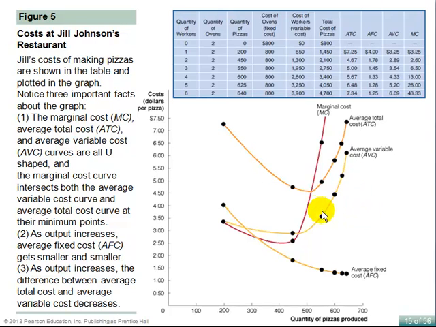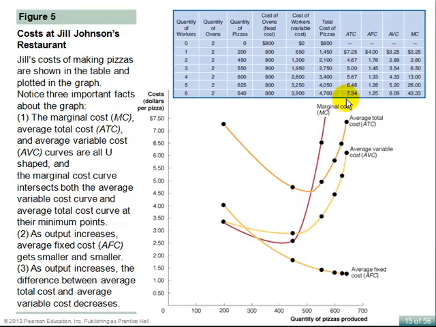We will use graphs like this in the next several chapters to analyze how firms decide the level of output to produce and the price to charge. So, before going further, be sure you understand the following 3 key facts about this figure. First, the marginal cost, MC, is this purple curve.